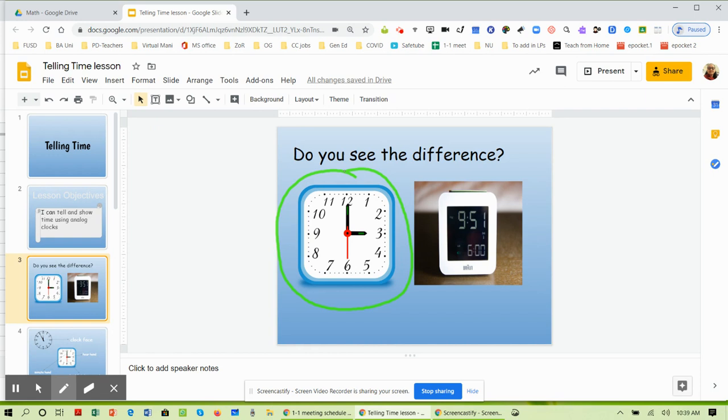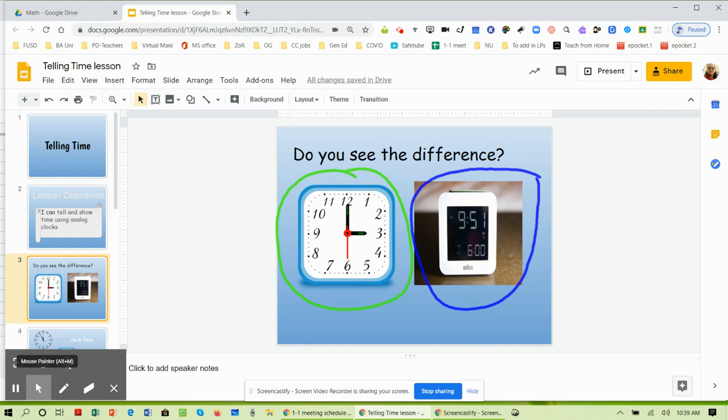But now, because we are very advanced in technology, we are starting to use digital time. So it's easy. And I think nowadays you would see more of these digital clocks. So this is an analog clock and this is a digital clock.